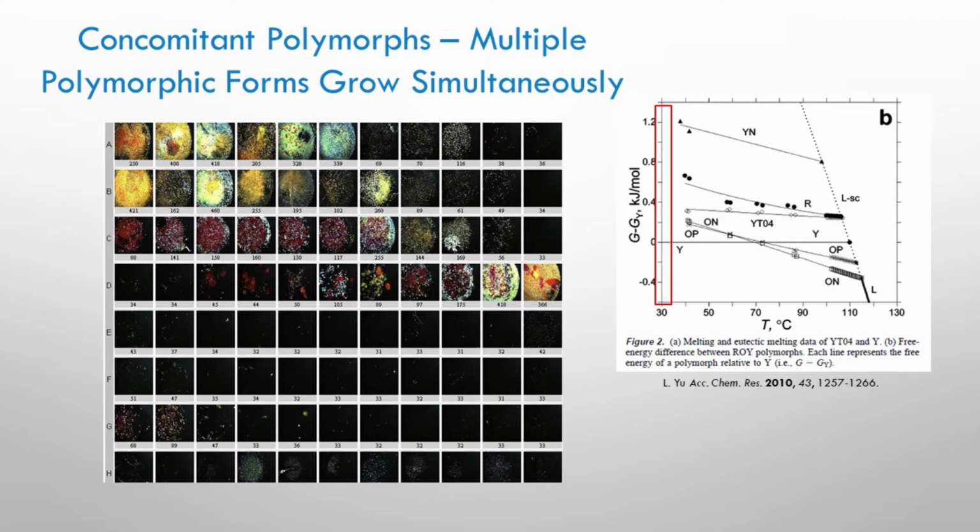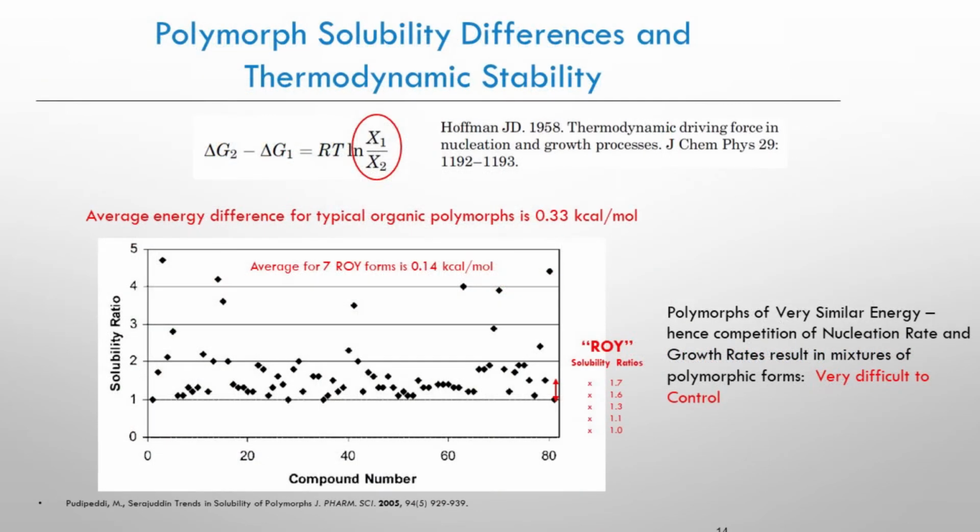And I took the liberty of extending those lines down to room temperature to get the Gibbs free energy difference between those forms approximately, so that I could use that in comparison with some other data that had been plotted for polymorphic forms. So this nice little thing that Abu Sarajuddin did in Trends and Solubilities of Polymorphs that he published.